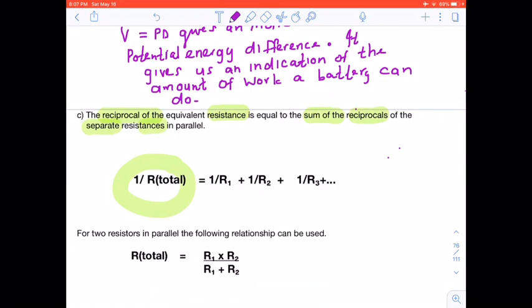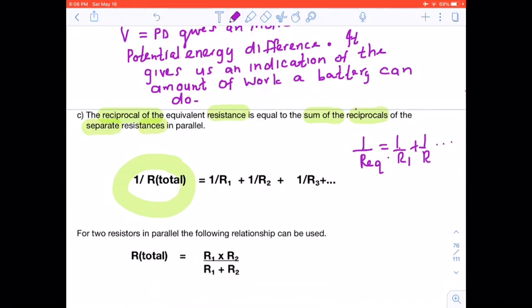Sometimes instead of 1 upon R total, we may even write it as 1 upon R_eq, which means equivalent resistance, and then we say it's equal to 1 upon R1 plus 1 upon R2, like that.